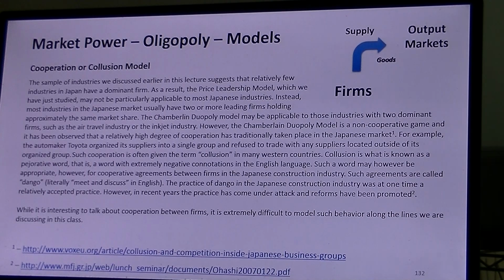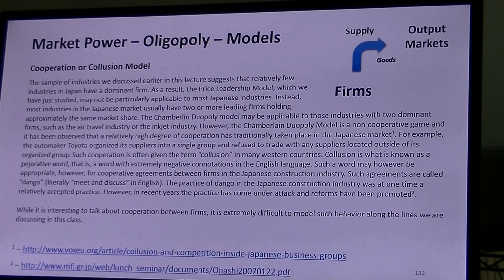We can see that traditionally there has been a lot of cooperation in the Japanese market. This is called collusion, or at least it's termed collusion in many Western countries. In Japan, it's called cooperation.